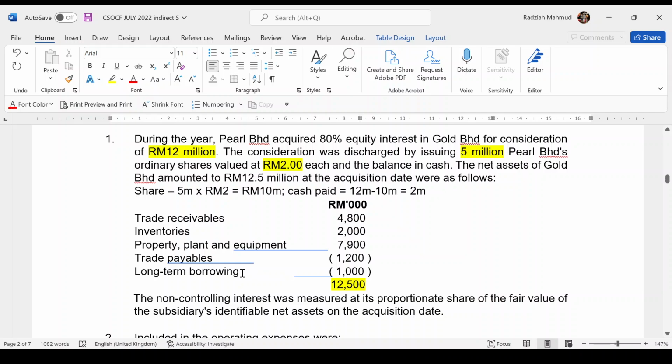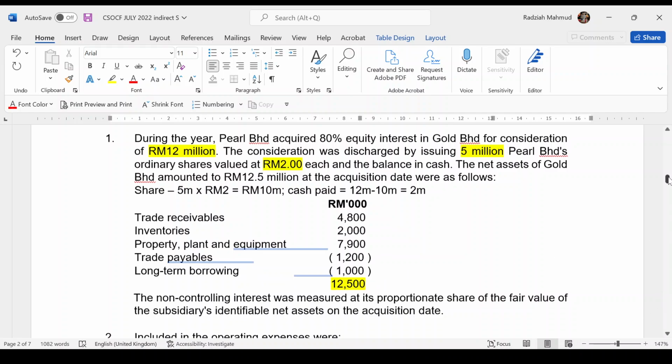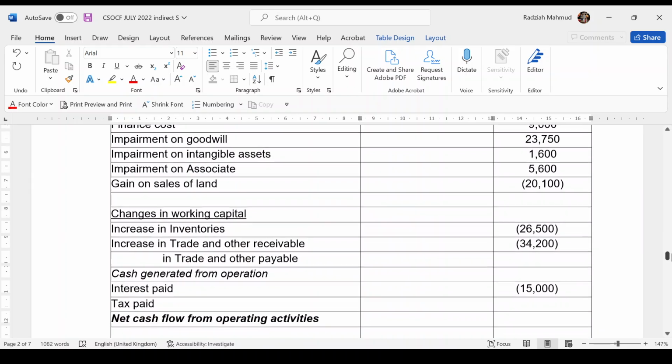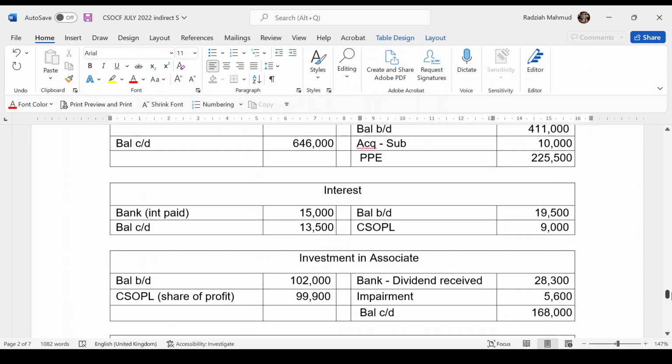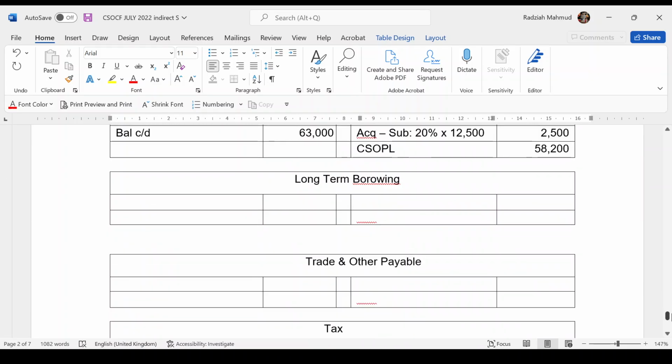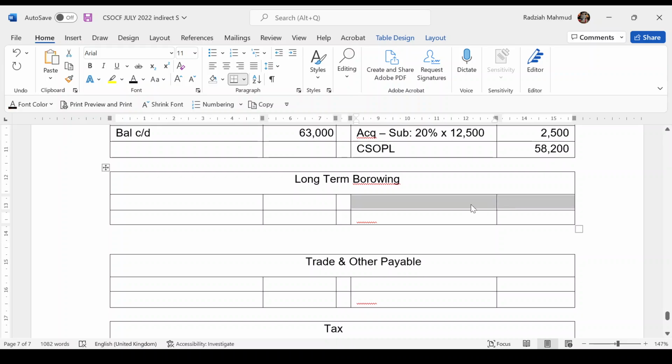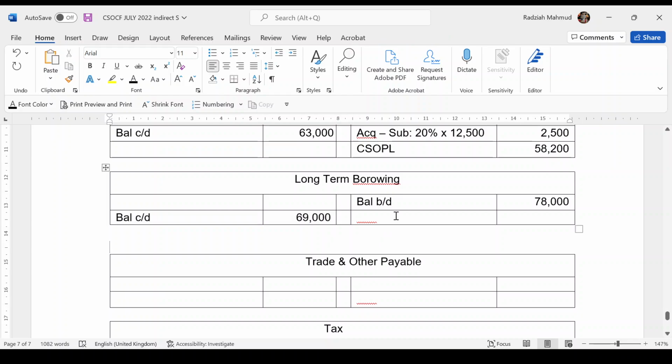Here we have long-term borrowing, so therefore we need to open the account. So opening and closing, and then we have acquisition of a subsidiary.